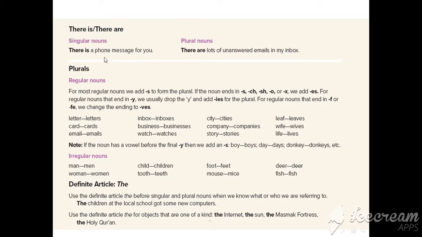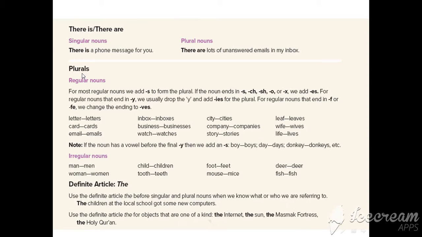Phone message, singular. There are lots of unanswered emails in your inbox. There are for plural. So for plural we're using there are. For singular we're using there is.